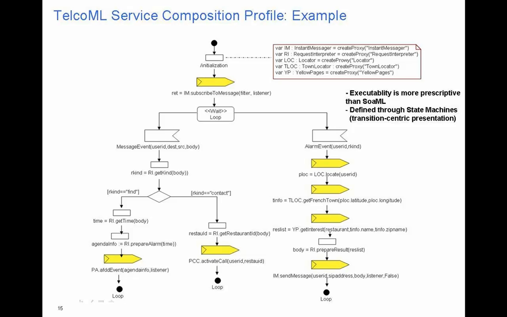Now, what's not illustrated in much detail here is the notation of the action language. For example, the very top yellow outgoing event says return equals IM.subscribe to message. That is an action language, basically. And also the variable definitions in the top red box. Those are all the static variables we're using within the state machine's scope, and not just the variables, but also the calls that we're going to make within the scope of the state machine. So that's also part of the action language.